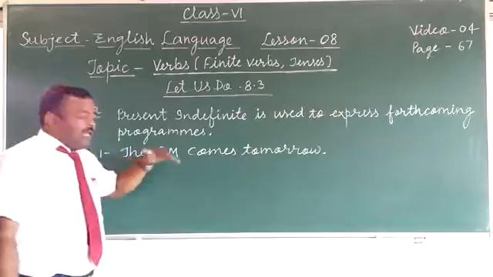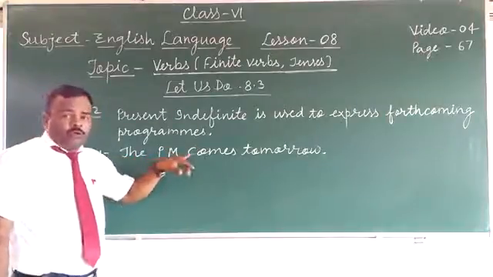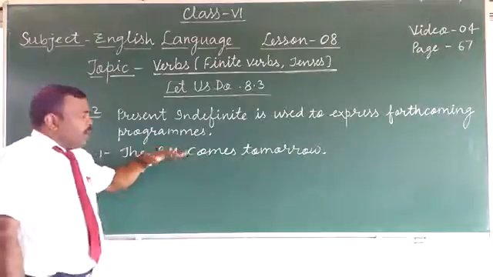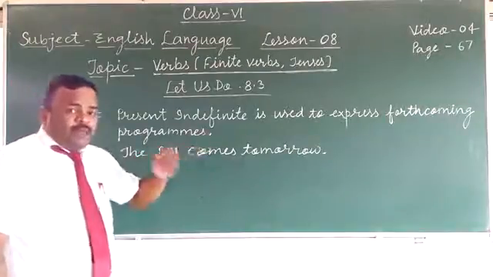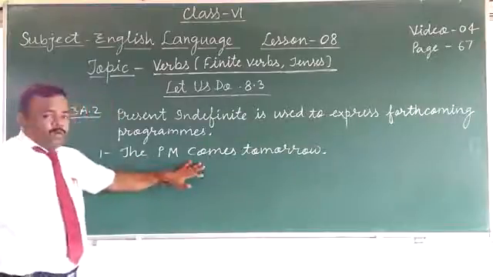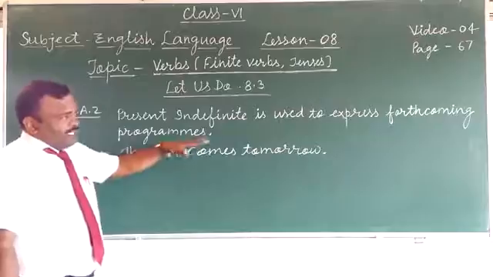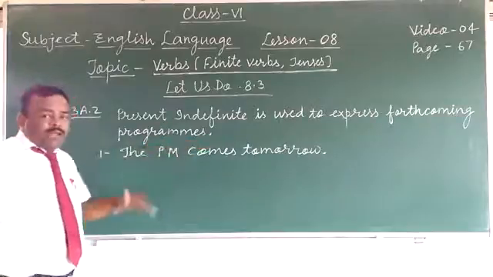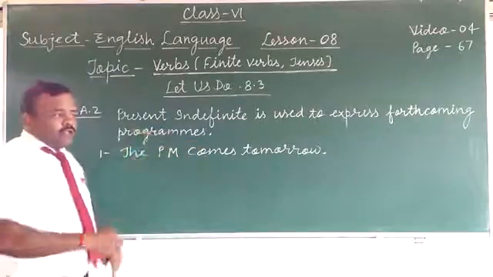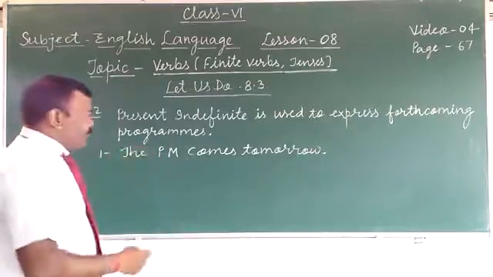The PM will come tomorrow. The PM means Prime Minister will come tomorrow. So in place of the PM will come tomorrow, we speak the PM comes tomorrow, because present indefinite tense expresses forthcoming programs or events. Okay. The program or the event that is fixed in the future.